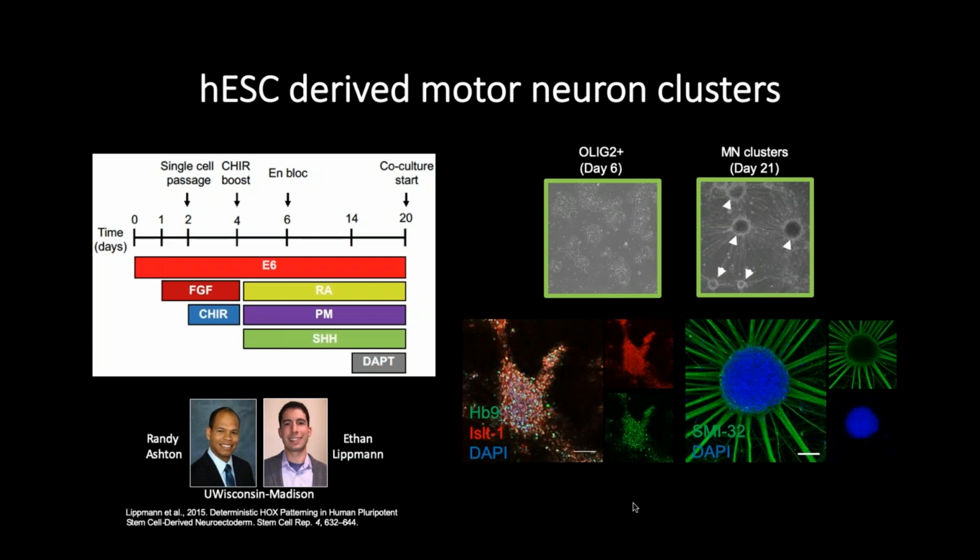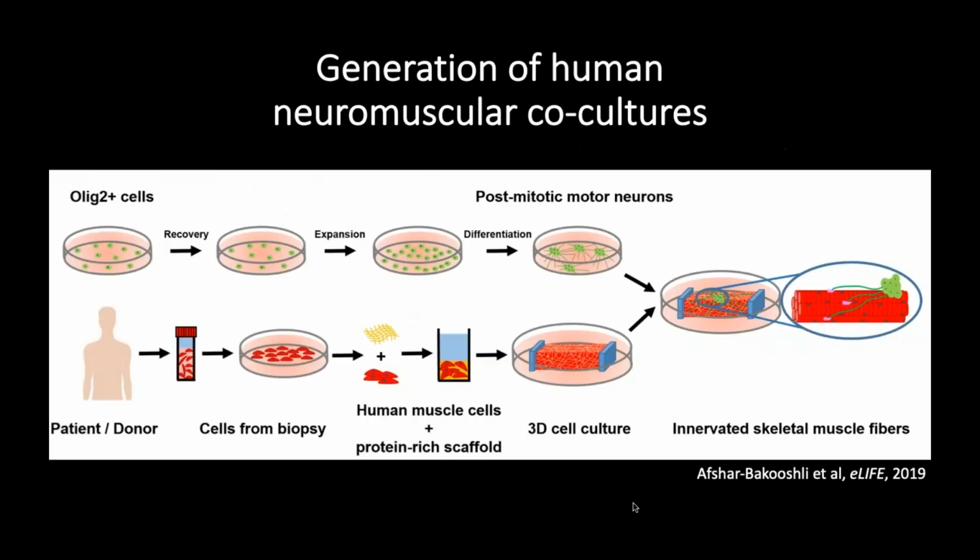At the end of this protocol, we would have motor neuron clusters, where you can see a ball of nuclei, and hopefully you can appreciate in the immunostaining image on the bottom right, and also the phase image just above that, neurites splaying out from the ball of nuclei. It is these motor neuron clusters that we then worked to integrate into the 3D human skeletal muscle platform to see if they could communicate with one another.